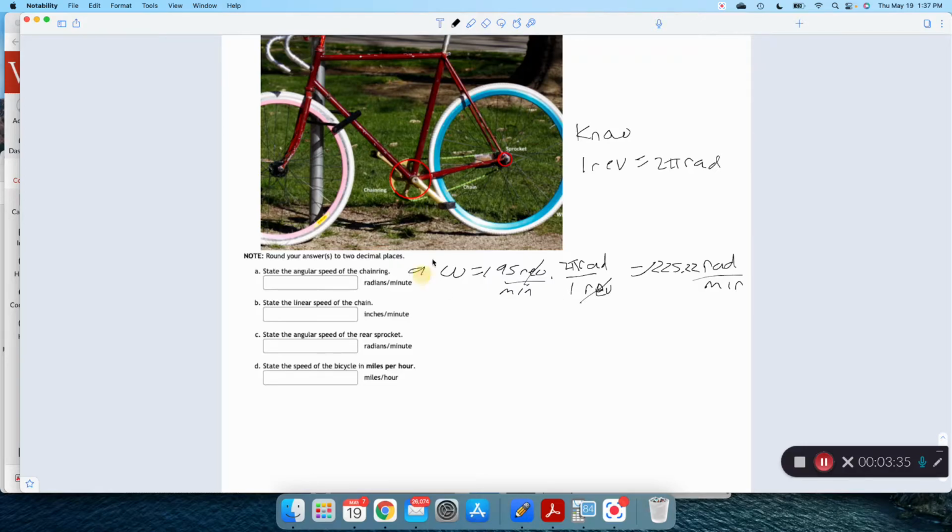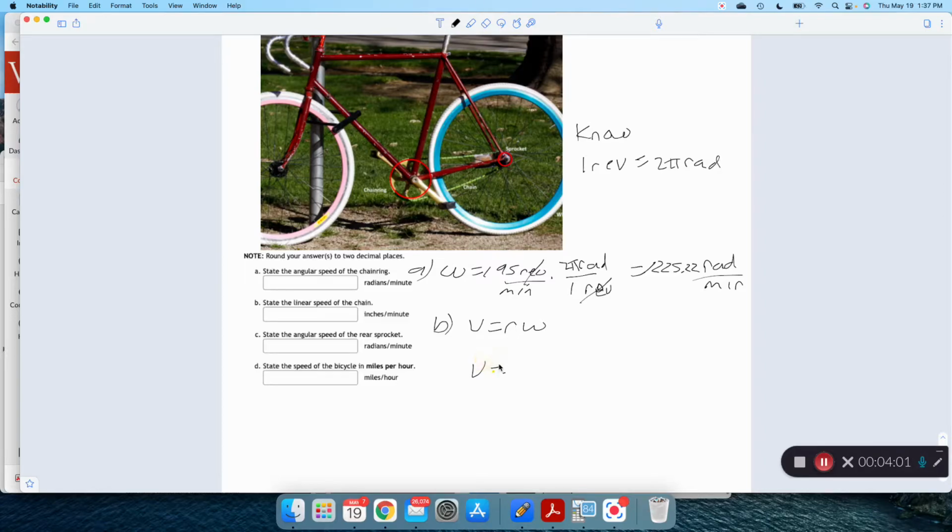That's part A. This chain ring is rotating at that rate, 1225 radians per minute. Part B, the linear speed of the chain. Remember, linear speed is given by V equals R omega. R is your distance from the center.